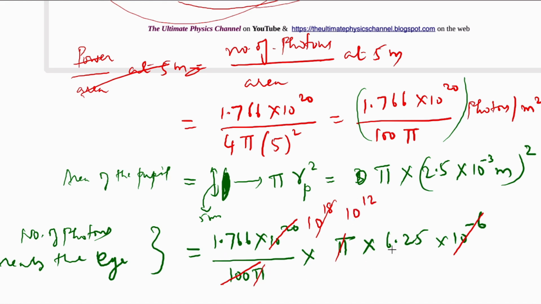Then if we multiply 1.766 times 6.25, that is 11.038 into 10 power 12 photons.